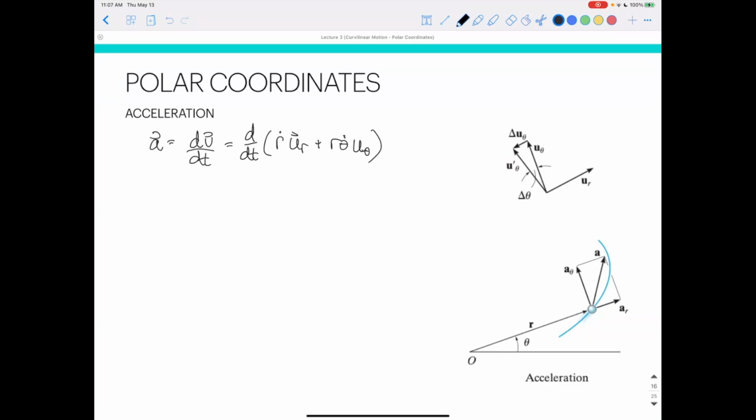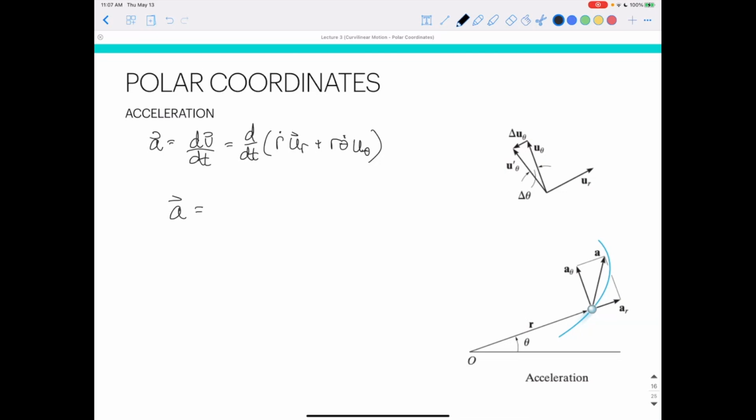If we use the same process again, we're going to end up with ur dots and u theta dots, and we want to write those just in terms of our coordinate directions. We don't want time rates of change of our unit vectors. So we find those in terms of r and theta. You can read the textbook for the derivation.